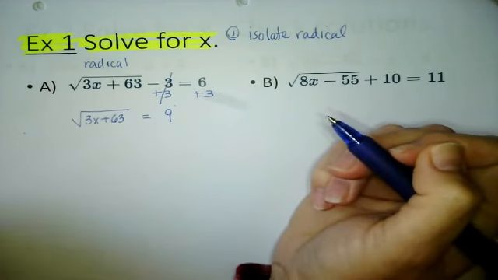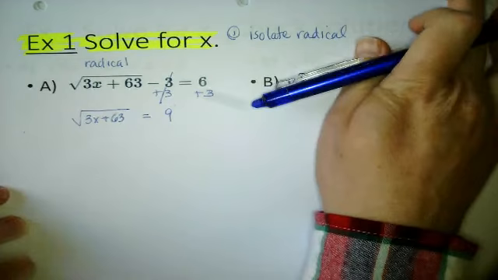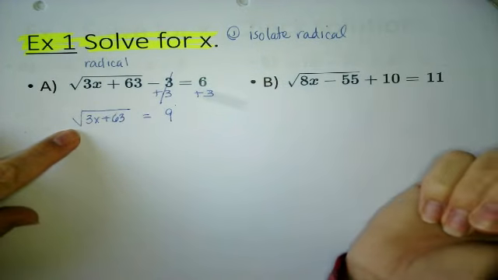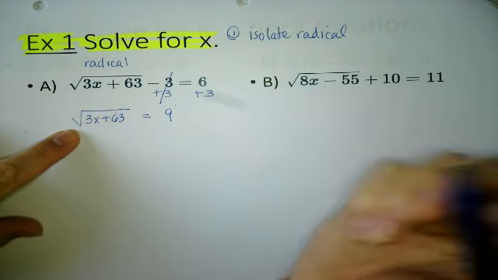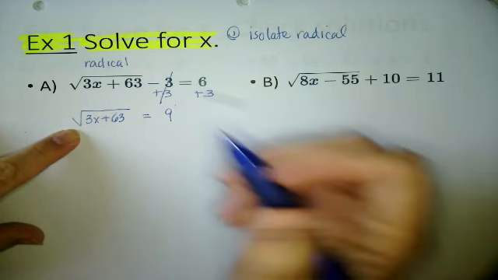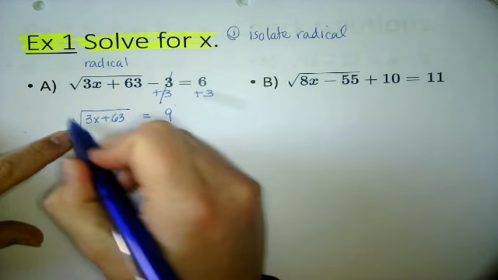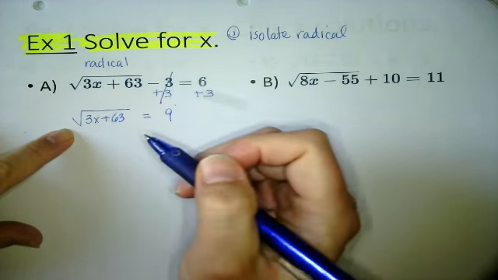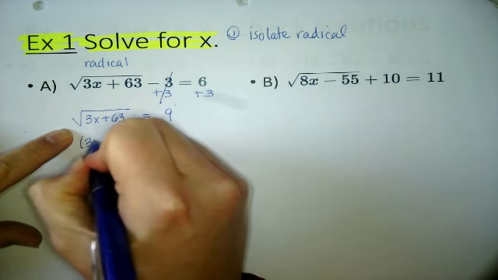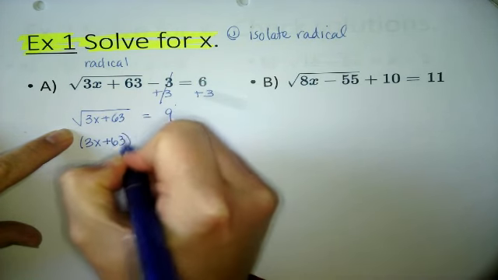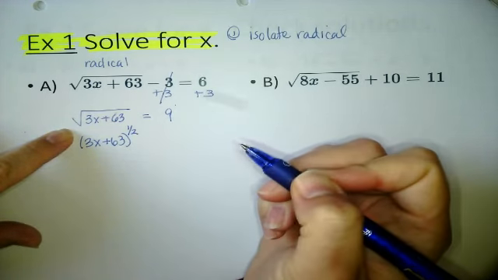So what we've been learning is that radicals can actually be written as exponents. And for this first one, I'm going to do it this way. I'm going to rewrite this radical in exponential form. So it becomes 3x plus 63 to the 1/2 power.